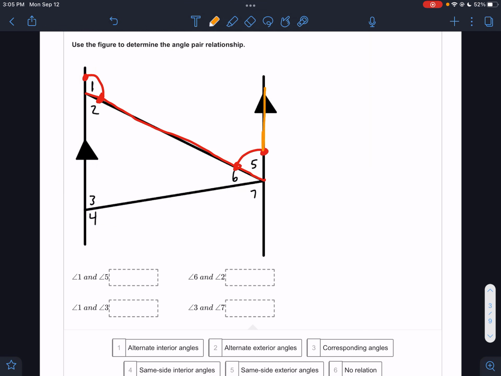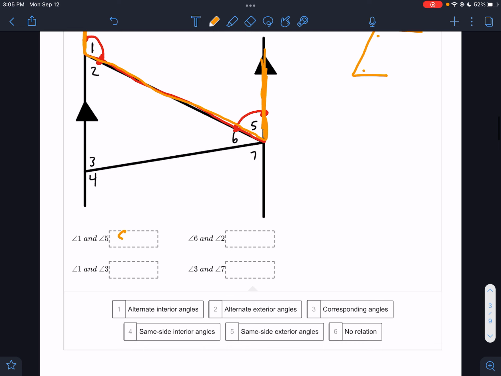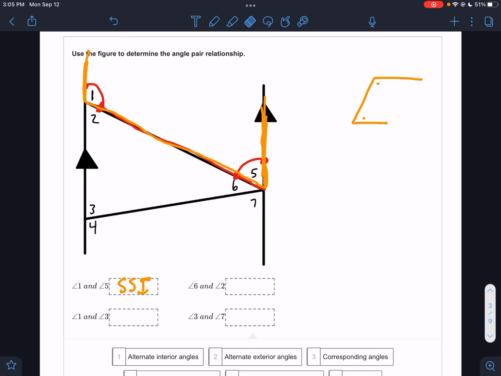And the other two lines would be the two orange ones. Well, what kind of shape do they make? If you remember from my hints, that's like the letter C. It's facing upward, but it's like this thing. And the inside corners of that is going to be same side interior. Those are on the same side of the transversal, and they're in between the other two lines.